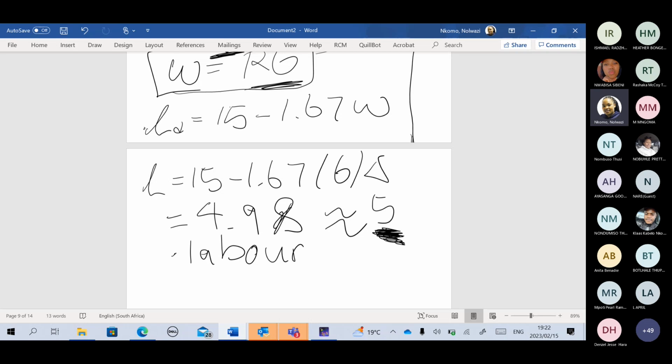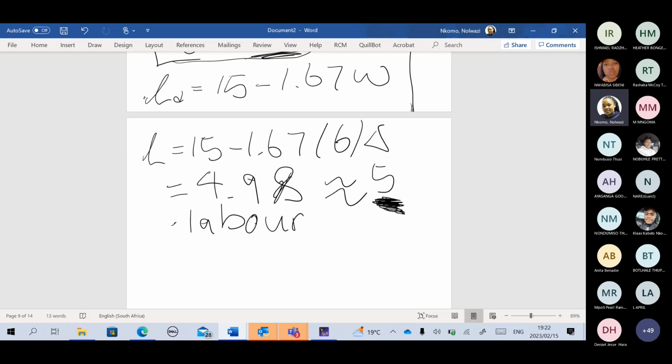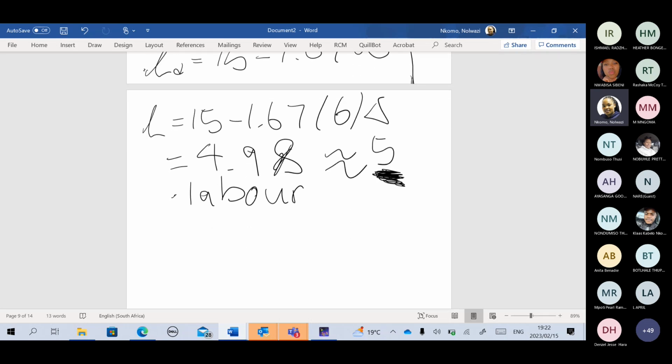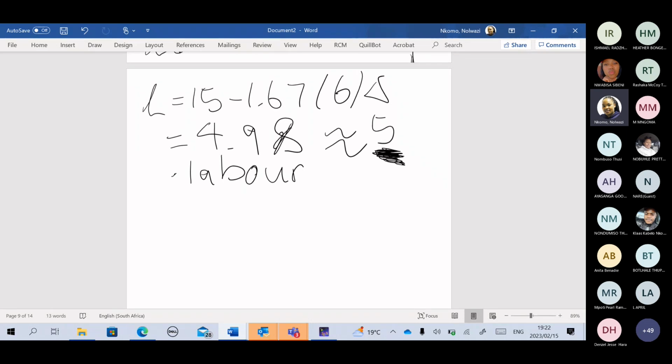Let's say we calculate the number of workers that will be willing to work at the salary. This means we have Q equals minus 5 plus 2.5 times 6.